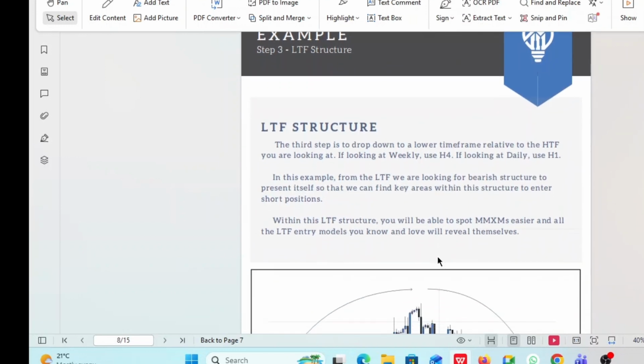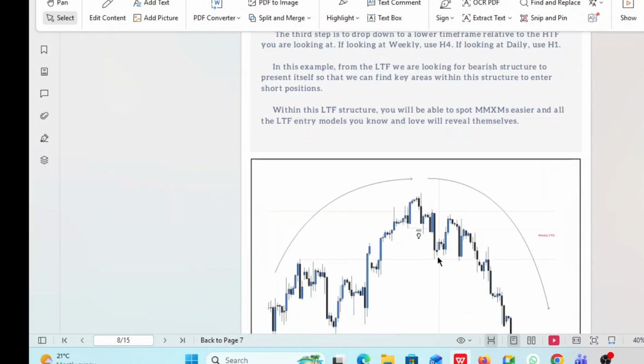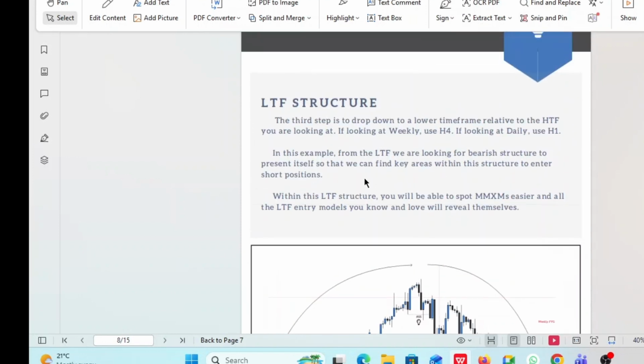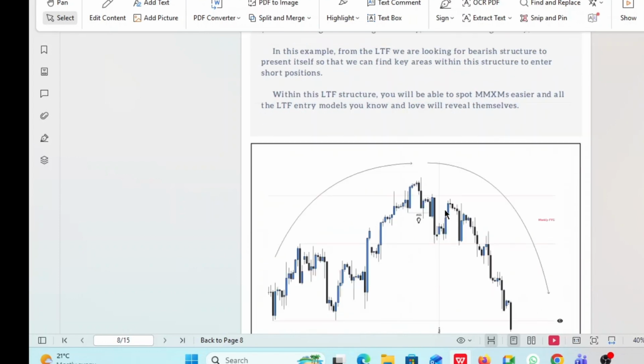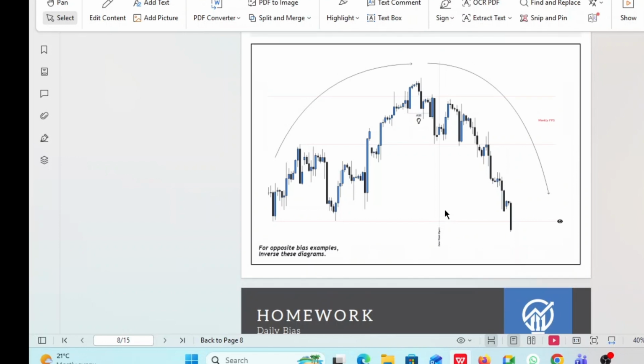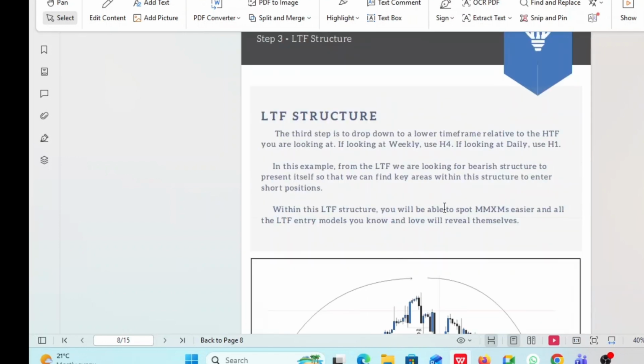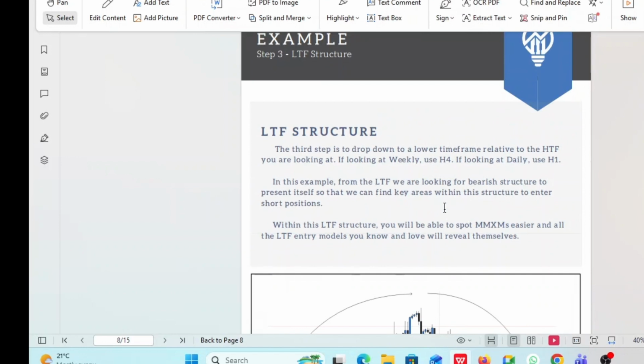Number 3, the lower time frame structure. Step 3 is to drop down to the lower time frame relative to the higher time frame we are looking at. So for entries, you are supposed to switch to the lower time frame. In this case, from the lower time frame, we are looking for a bearish structure to present itself so that we can find the entries within this structure to enter the short position.